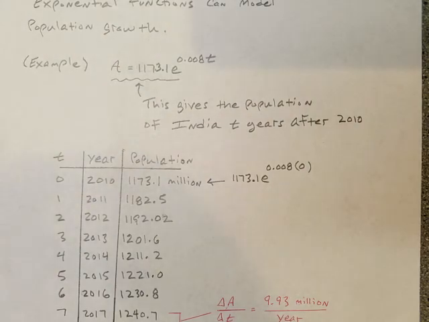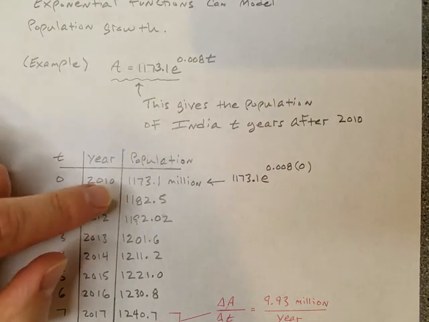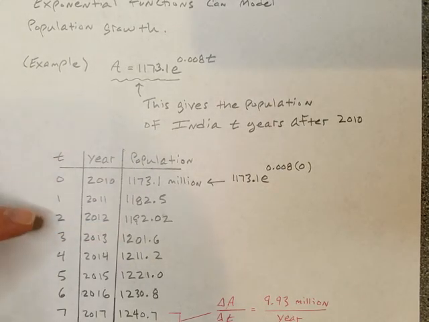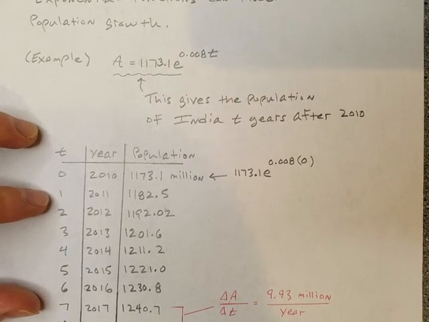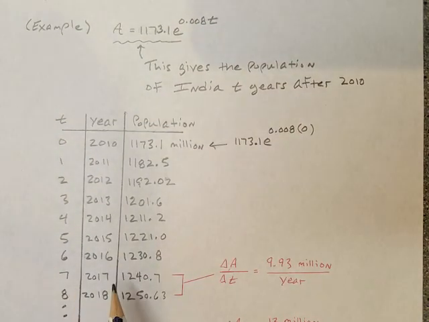All right. So I did some calculations based on this model to track what the population is in various years in the future. Okay. So you can look at the growth of this, like say 7 years into the future, the population is 1240.7 million, and 8 years into the future, it's 1250.6 million.